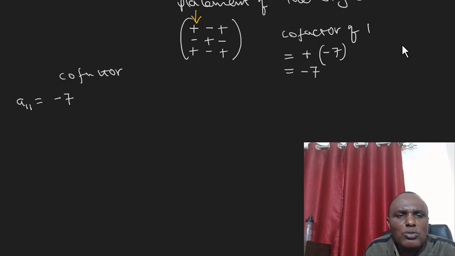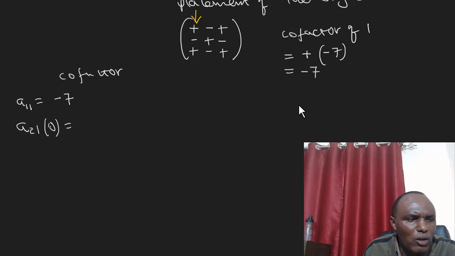The element we want to get its cofactor is the element in the second row, first column. And that element is simply a 0. Its cofactor is the determinant of this matrix.